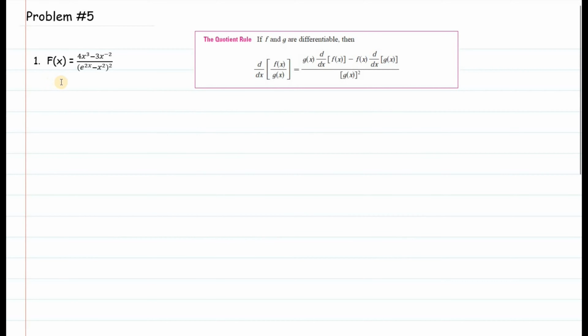So for problem 5, we have f of x is equal to 4x to the 3rd minus 3x to the minus 2 over e to the 2x minus x squared raised to the 2nd power.